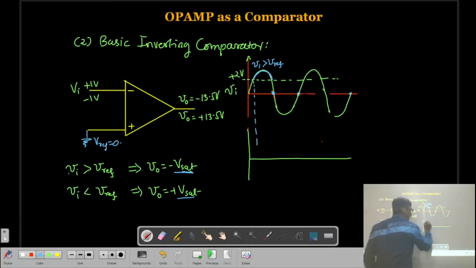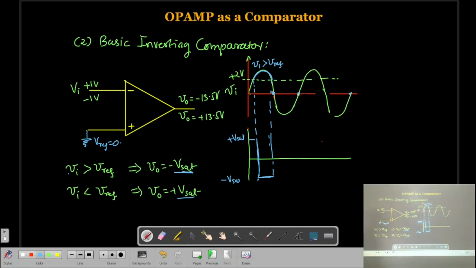You can draw this line in this manner, and this is minus V saturation. Otherwise, it will remain in plus V saturation. Because this voltage is less than the reference voltage, it will go to the plus V saturation.